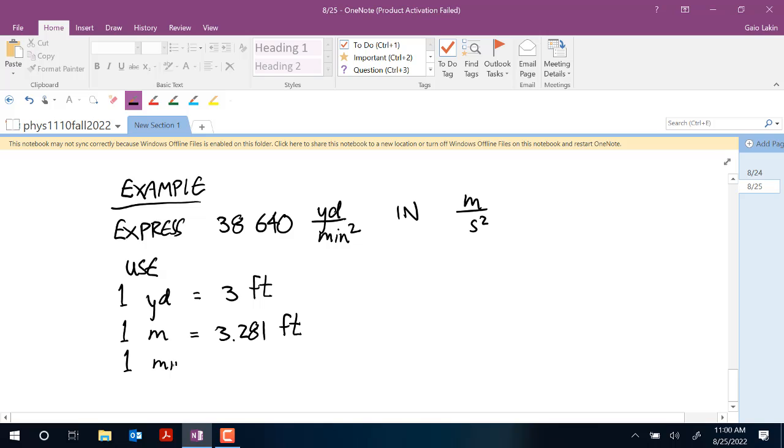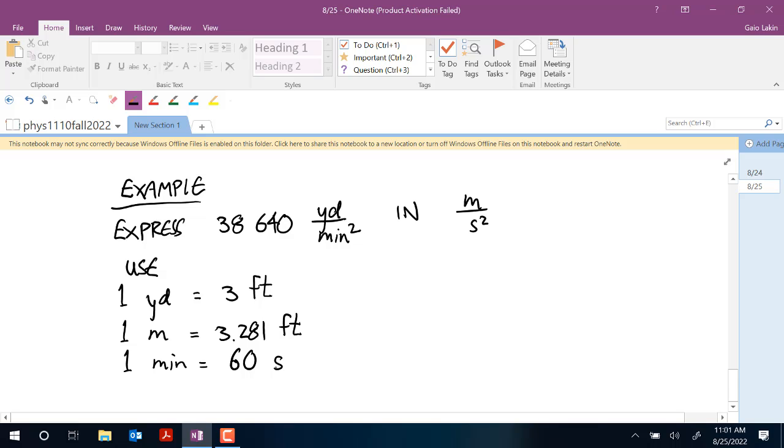And 1 minute is 60 seconds. Okay, so there are two new things with this problem that we haven't seen yet. One is that we have the time squared in the denominator of this unit. And the second one is we don't have a conversion that goes straight from yards to meters.